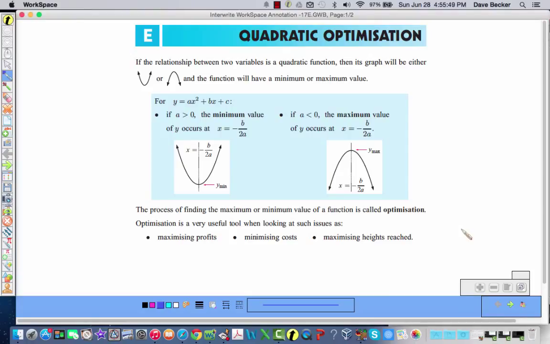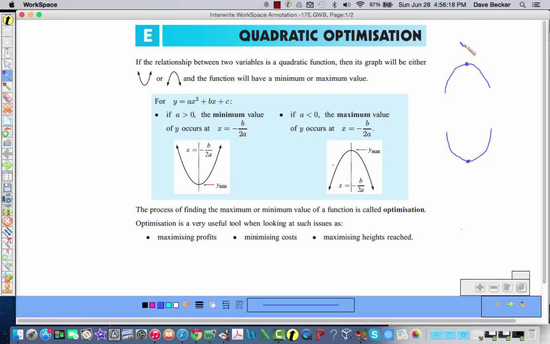All right, so if we are able to model something with a quadratic, we will easily be able to find the maximum of whatever is happening if the parabola is opening downwards, or the minimum of whatever it is that we're modeling if the parabola opens upward, because the maximum occurs at the vertex.